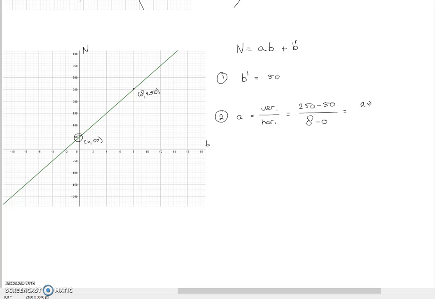So that's 200 divided by 8, which is the same as 25. So each step to the right it goes up by 25, and each 2 steps it goes up by 50, which is more or less correct. It is correct. So the formula becomes n is 25 times b plus 50.